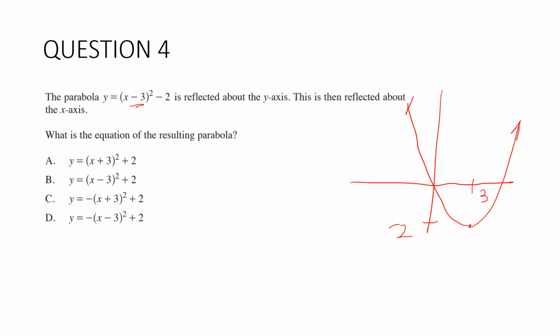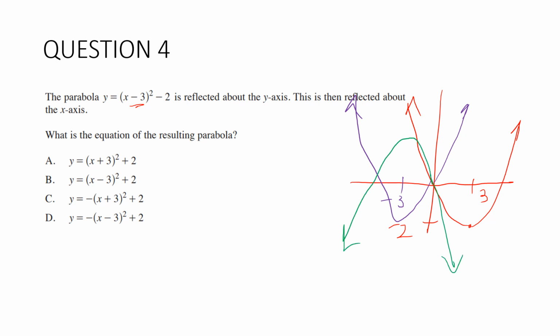Not sure where it's going to cut the x-axis on this side. That's reflected about the y-axis, so it'll end up looking like this, and that'll bring it here to −3. And then it is reflected in the x-axis, which is going to turn it upside down like that.